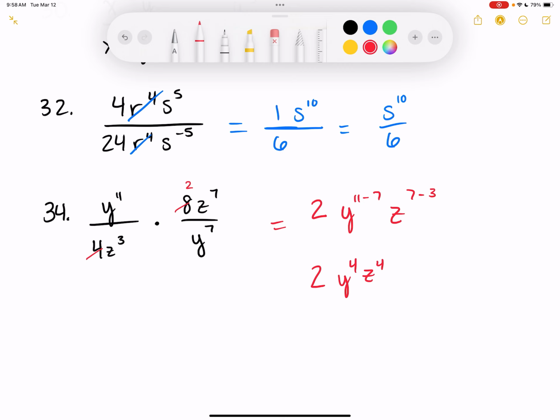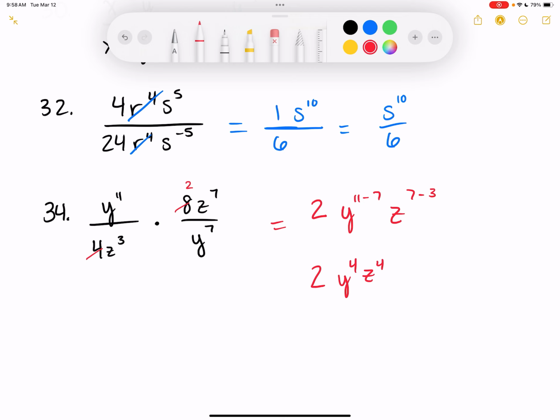But when you do these problems, couple things about them. You always want the number written first. So like up here in this problem, it was technically 1/6 s to the 10th, but I just wrote s to the 10 over 6. That's fine. But in this one, I want the 2 out front. I want any numbers that I have out front simplified as much as possible. Then I want my variables written in alphabetical order.